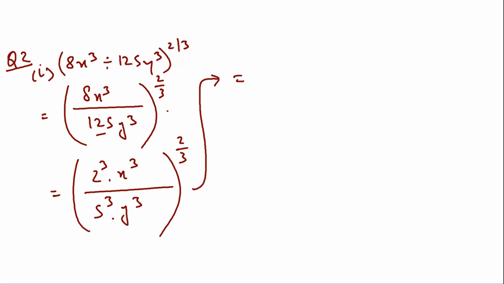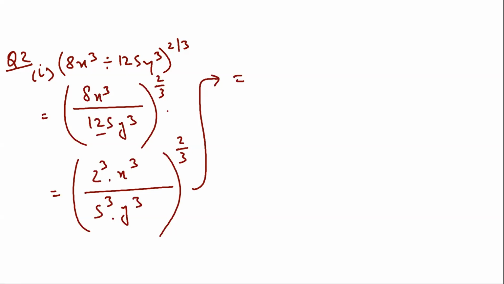Now let us have a look at this rule that we have been looking at time and again, that a raised to power m whole power n can be written as a raised to power m into n.